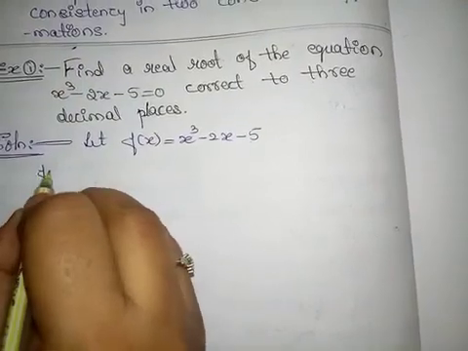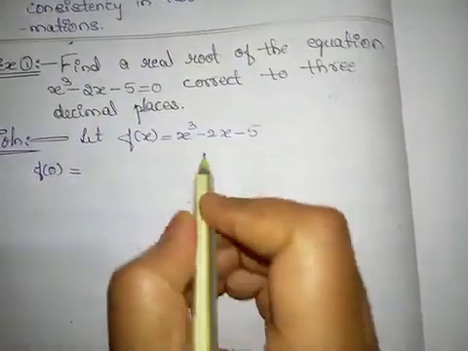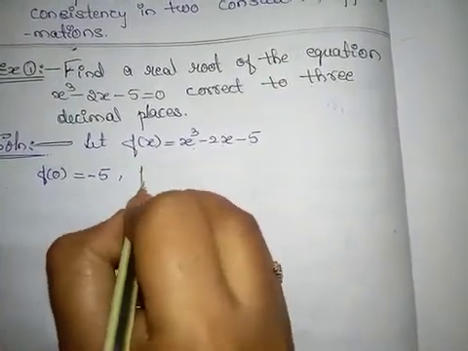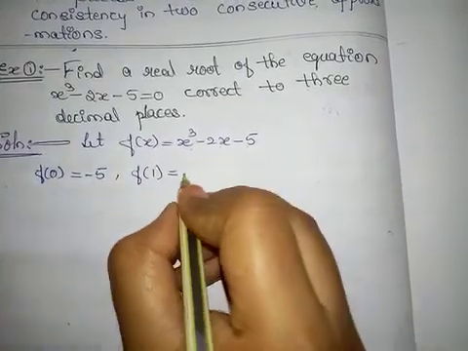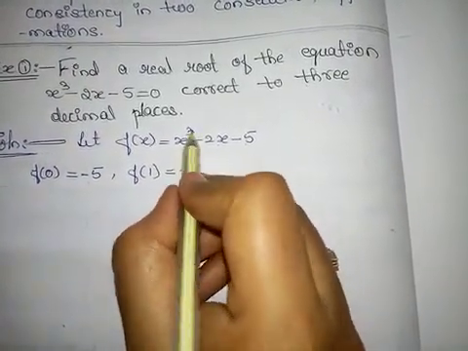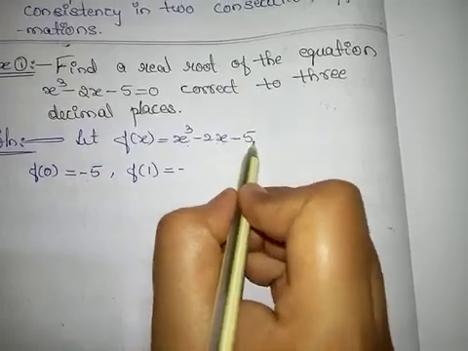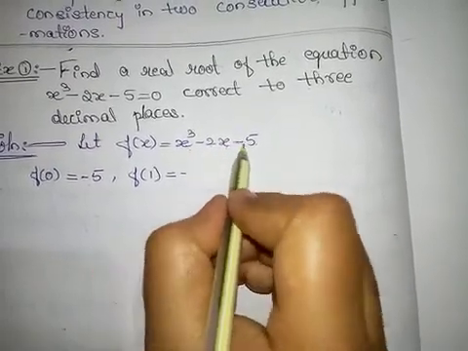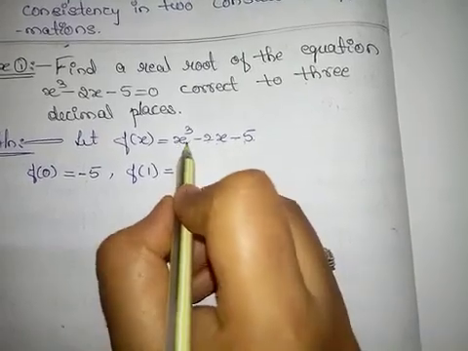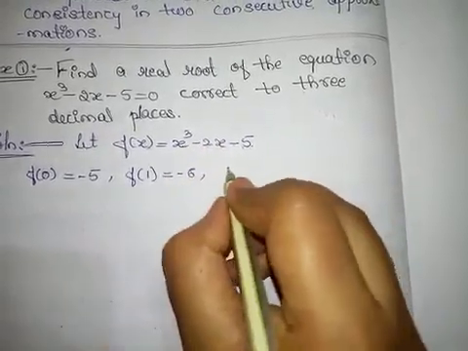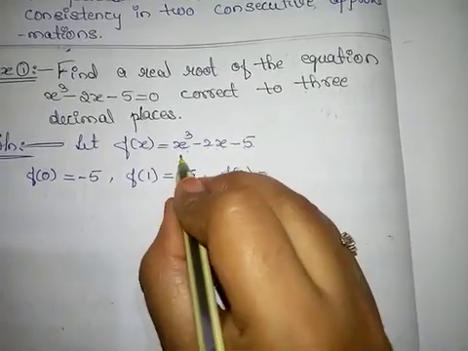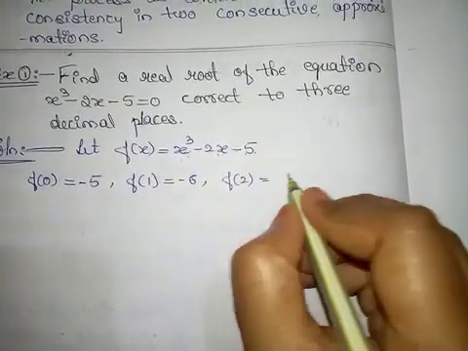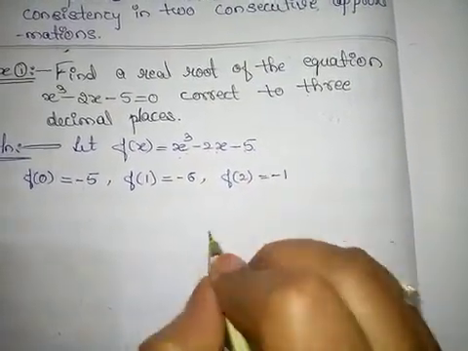f of 0 is equal to, substituting 0, we will get minus 5. f of 1 is equal to 1 cube minus 2 into 1 minus 5. 1 cube is 1, minus 2 into 1 is minus 2, 1 minus 2 minus 5 is minus 6. f of 2 is equal to 2 cube is 8, 8 minus 4 is 4, 4 minus 5 is minus 1.